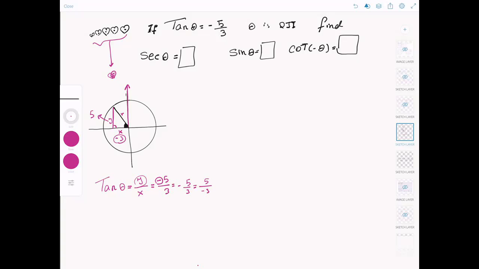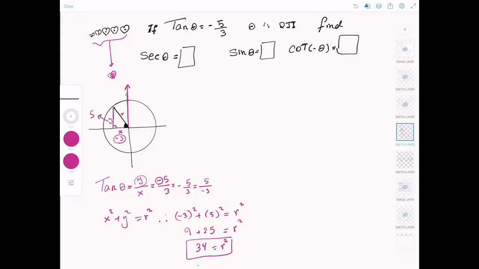Then we use the Pythagorean theorem to solve for r. We know x squared plus y squared equals r squared. This will give us (-3) squared plus 5 squared equals r squared. This is 9 plus 25 equals r squared. If you add them, I get 34 equals r squared.